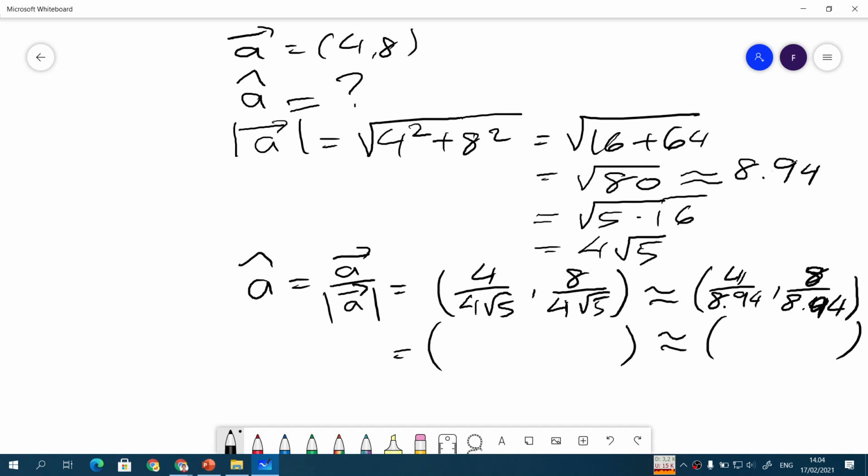I think for this one the value is roughly a half, 0.5 or 0.49 something. This one maybe 0.9 something. Am I correct? I'm just assuming. Can one of you help me calculate this one? How much is 4 divided by 8.94?